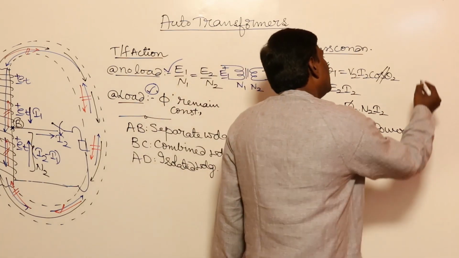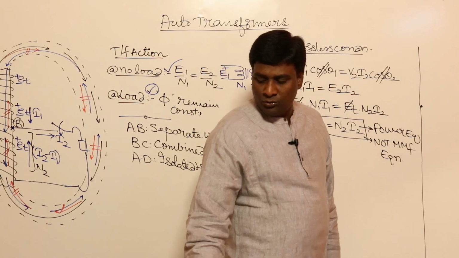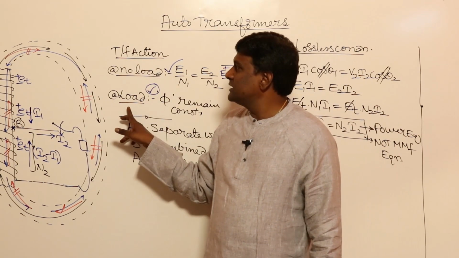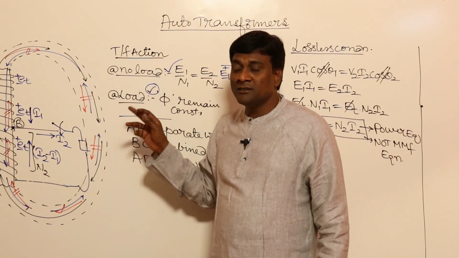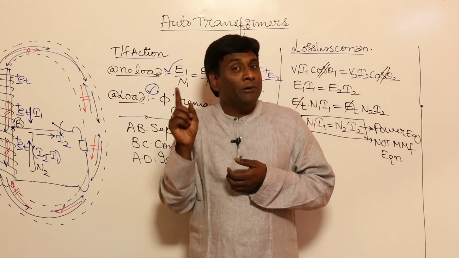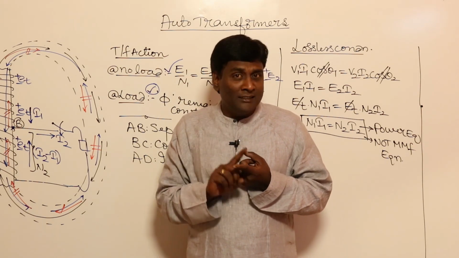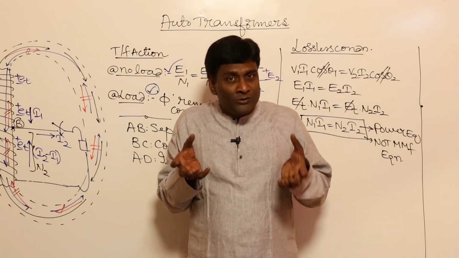Now, I said that transformer action is going to take place, no? So our conclusion here is that transformer action is taking place. In a two-winding transformer, primary MMF was equal to secondary MMF.